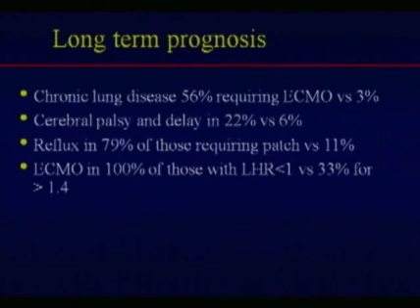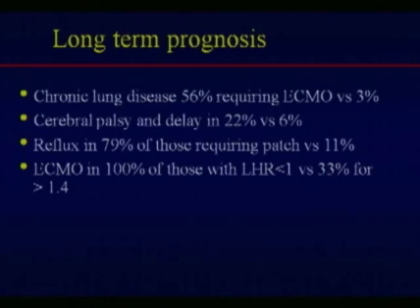Long-term prognosis is also important to look at. Survivors with diaphragmatic hernia can result in chronic lung disease, and that's much more common in those that required ECMO versus those that did not.